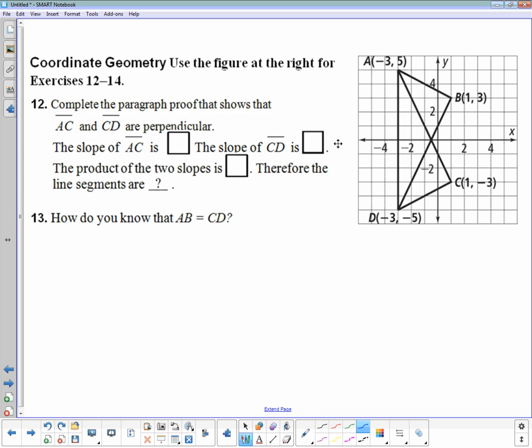So we are trying to show that AC and CD are perpendicular. That's the job. The slope of AC. What's the slope of AC? You have it. You can look at it on your paper if you can't see it up here.